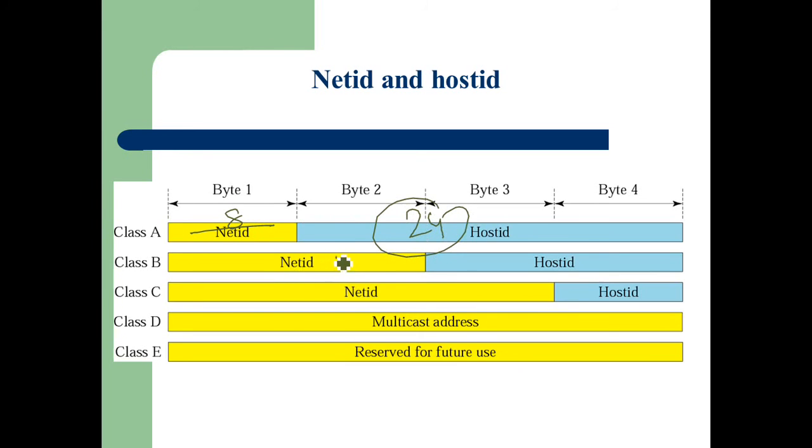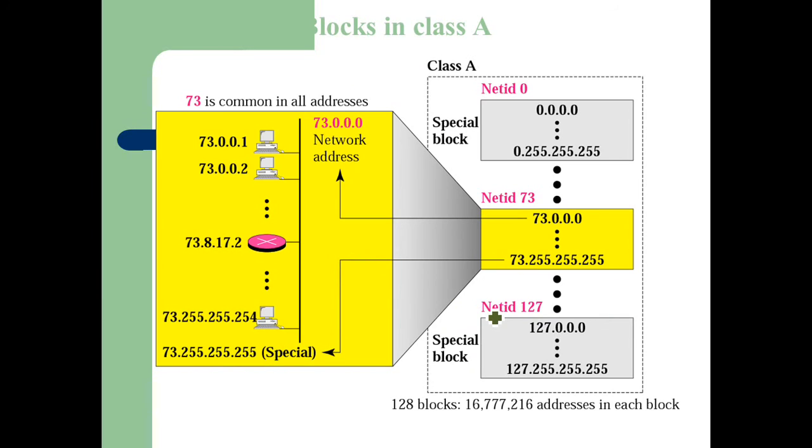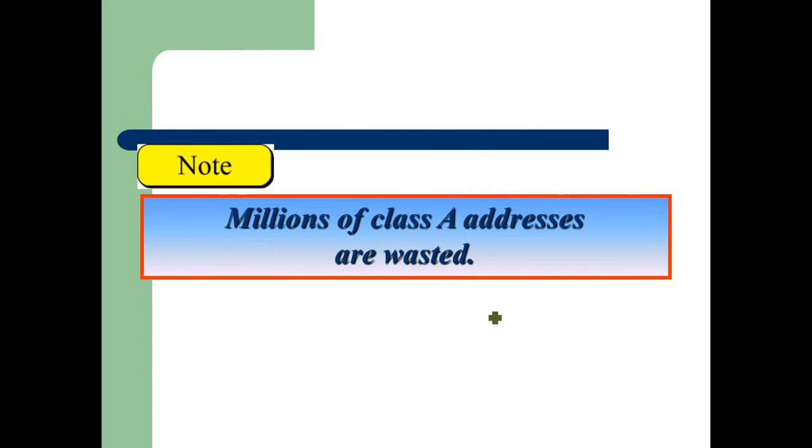In class B, it is 16 bits. Class C, it is 24 bits, 8 bits. So in a network, how many hosts are possible? This is what is calculated. And D and E are multicast and reserved for future use and other purposes. How we actually identify each and every block, we'll talk about later.